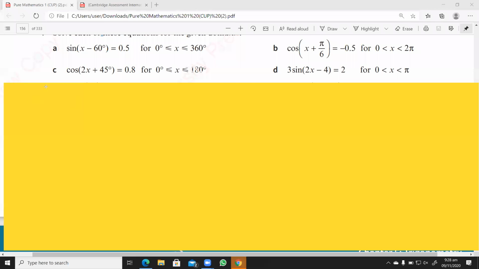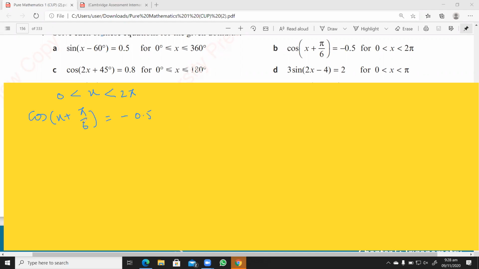B. Okay. So in this B part, we have cos of x plus pi by 6 equal to minus 0.5, where your x is between. Be very careful about the equal mark. There is no equal mark for this range over here, okay?